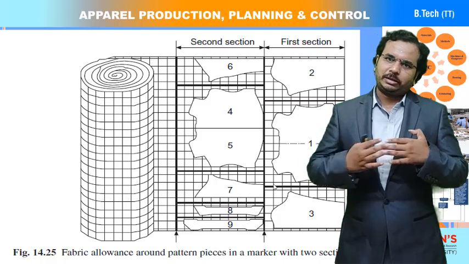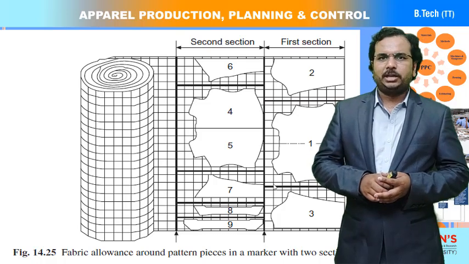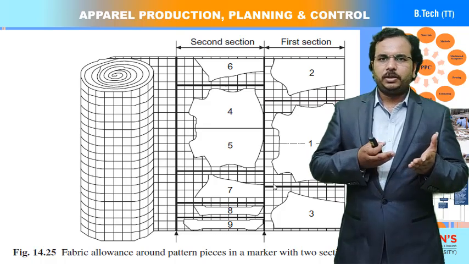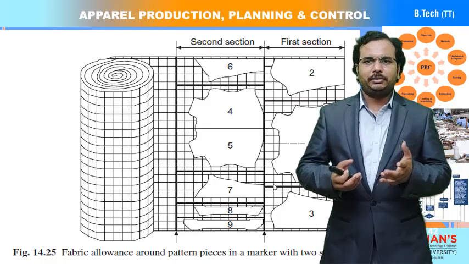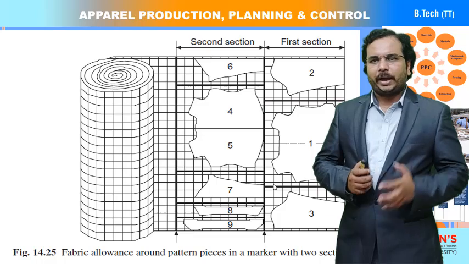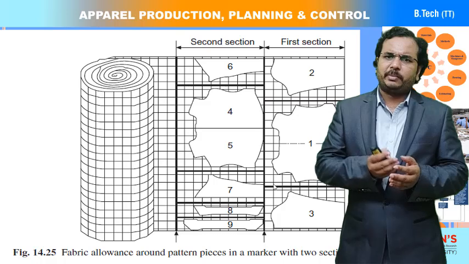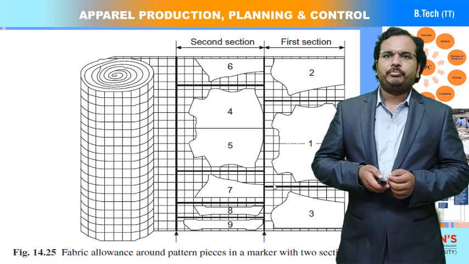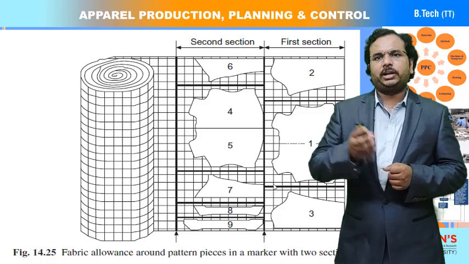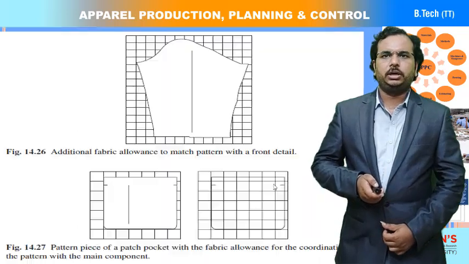Otherwise, if you keep them too closely while cutting, there may be displacement of the panels, or displacement of the knife, so patterns can increase or decrease in size. That is why there should be an allowance in between the patterns so that you can cut perfectly, or if you have excess fabric, you can trim it after cutting. But generally in the cutting section itself, they take care and cut the components perfectly so that you get a good quality garment.